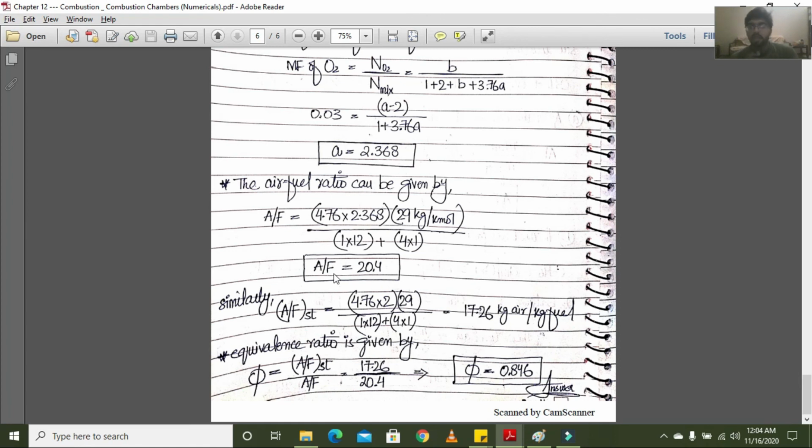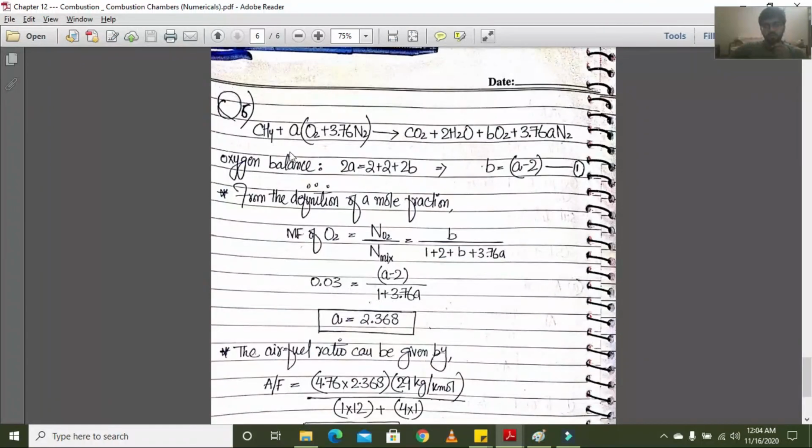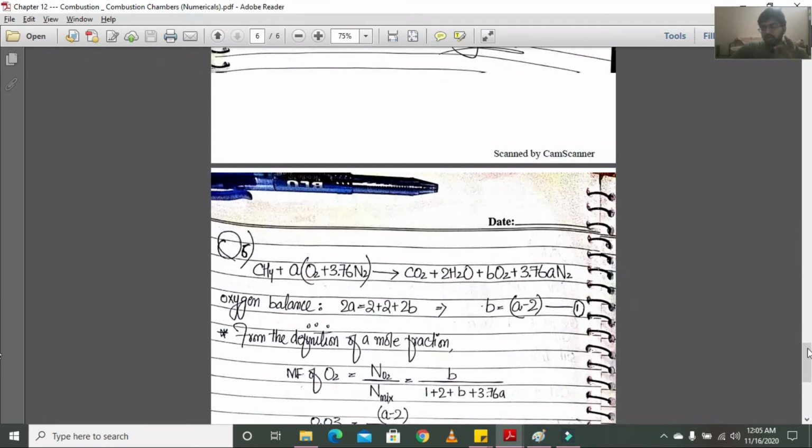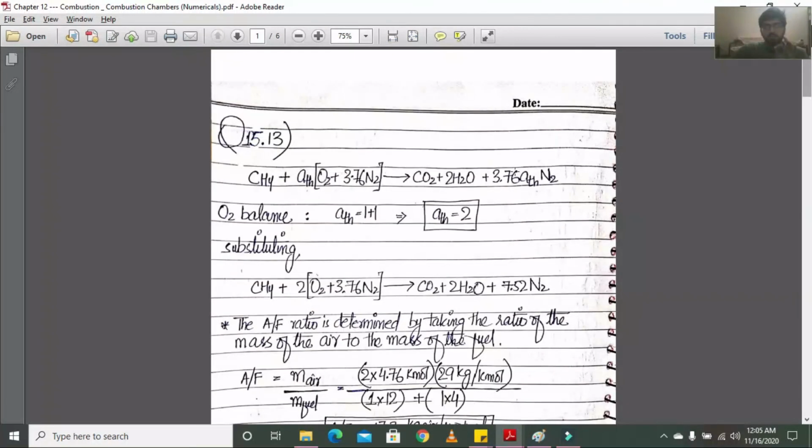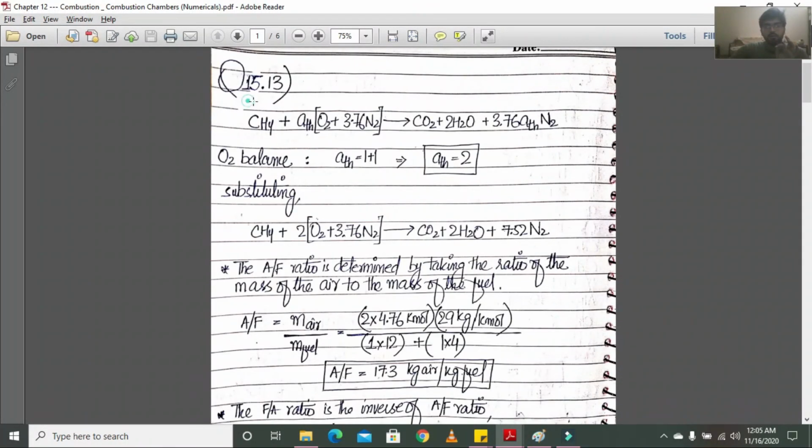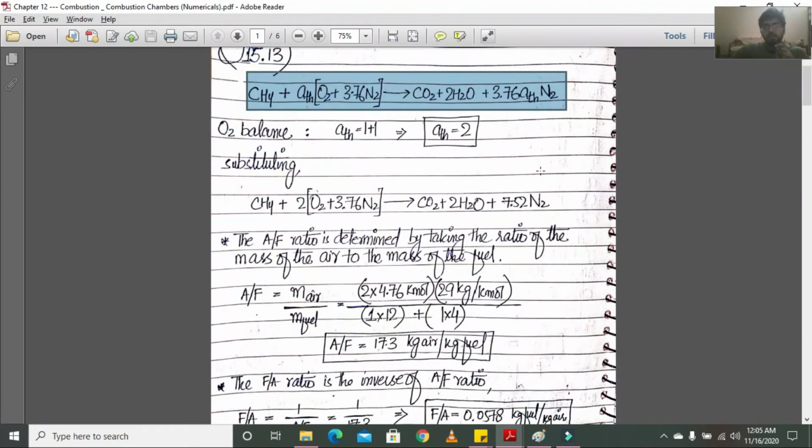So again I have to solve this question, and in it I will not have the excess air, which is B times O2. For the theoretical air, if I solve it, it becomes just like the first problem which we solved, and as a result I will get this equation.